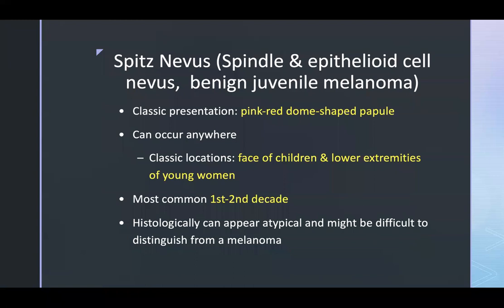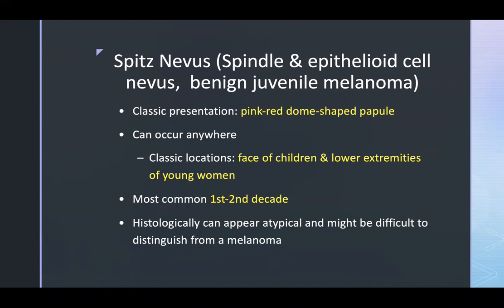Moving on to a pretty challenging aspect of dermatopathology, and that's the Spitz nevi family. So Spitz nevi used to be known as benign juvenile melanoma because they essentially on pathology looked like melanoma counterparts, but in young patients. They can be spindled cell, they can be epithelioid cell, they can be a mix of the two.